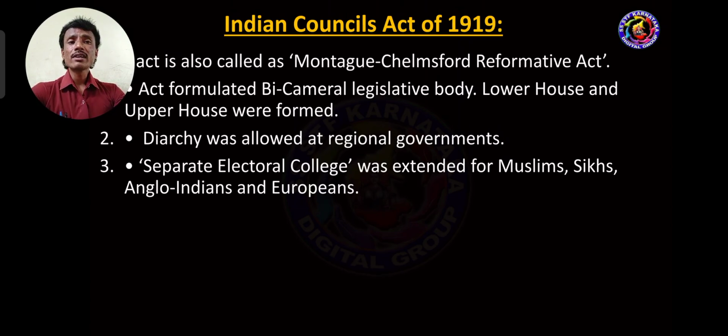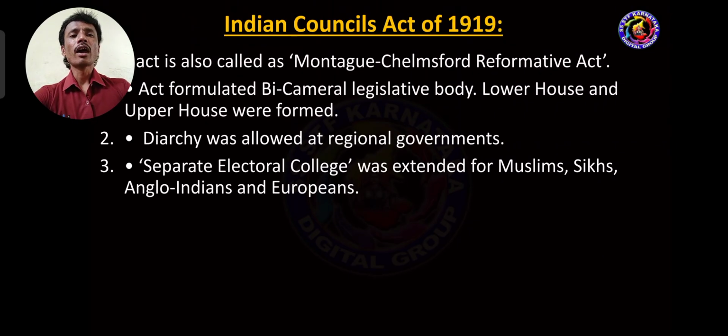This facility was extended beyond Muslims to Sikhs, Anglo-Indians and Europeans also, but not to the Hindus. So dear students, keep in your mind, this is about the Indian Councils Act of 1919.